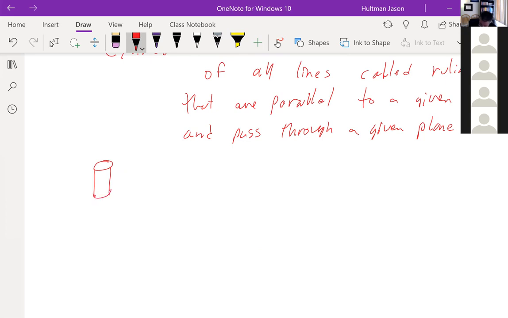That's your typical cylinder, right? It either looks like that or it looks like this. But it doesn't have to look like that. These are the rulings that are all parallel to each other. It could look like this. In 3 space, it doesn't have to be a circle.